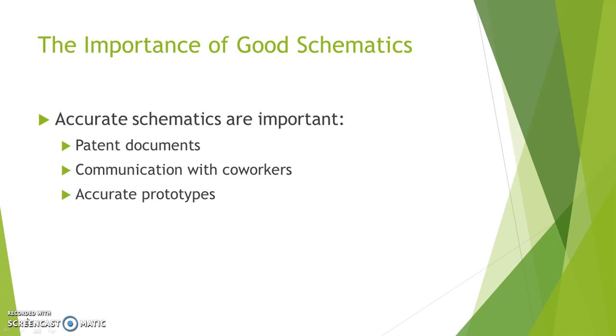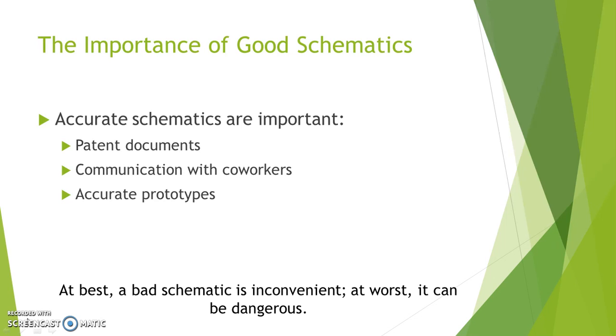And we want to see, when we're finished, accurate prototypes. We want to see that the thing that we conceived is the thing that got built. And a bad schematic will result in something being built that is not what was conceived. It can be inconvenient, it can cost weeks in terms of prototyping turnaround, or it can be dangerous.